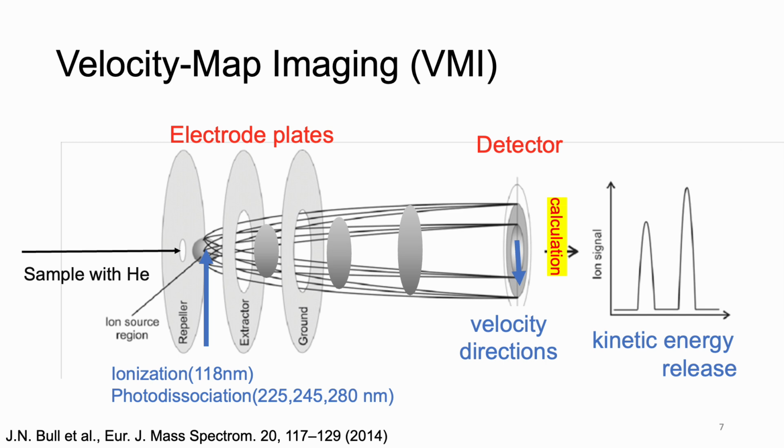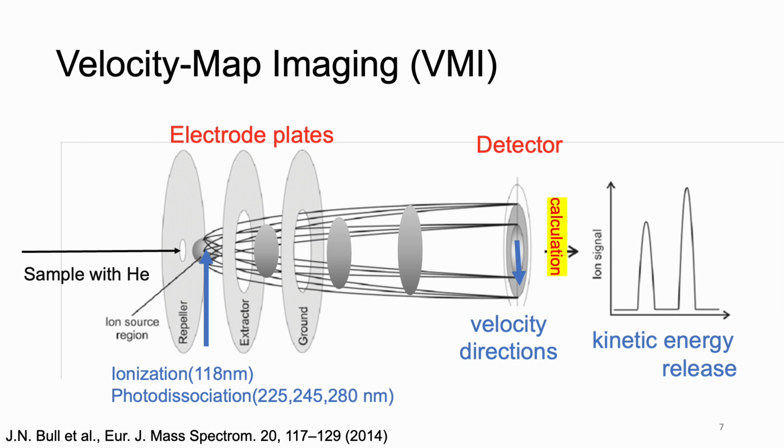By controlling the voltage ratio on the extractor and repeller to achieve the velocity mapping condition, the three-dimensional scattering distribution of the fragments traveling through the flight tube is projected onto a two-dimensional ion detector.